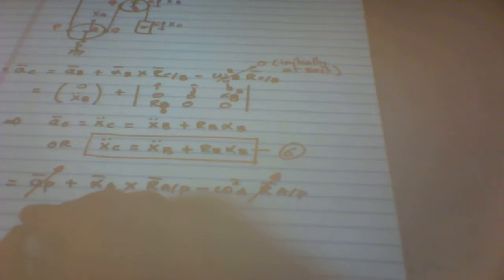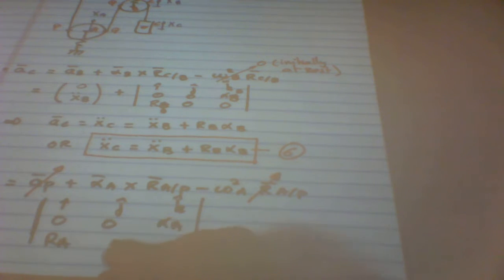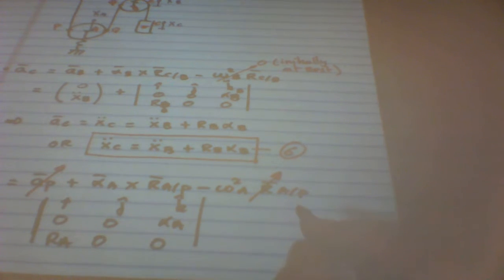So you have here I, j, k, 0, 0, alpha A, position of A with respect to B, R sub A, 0, 0.